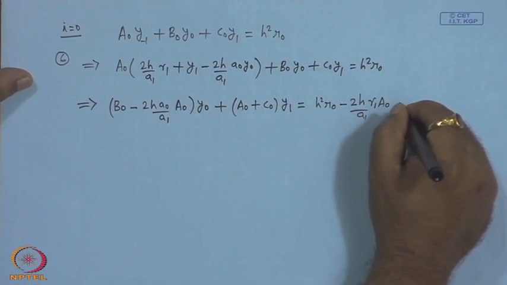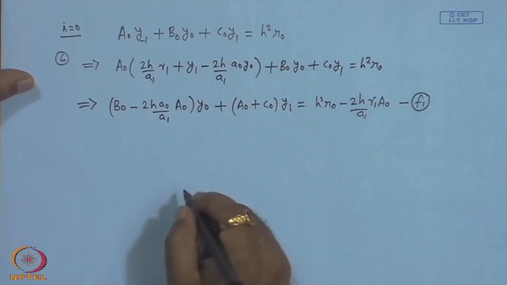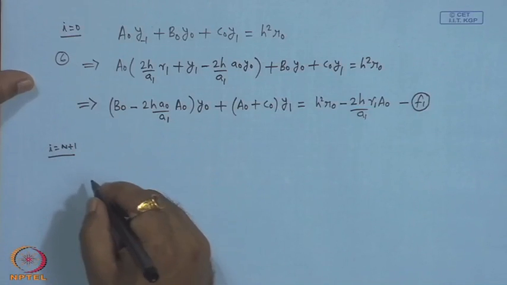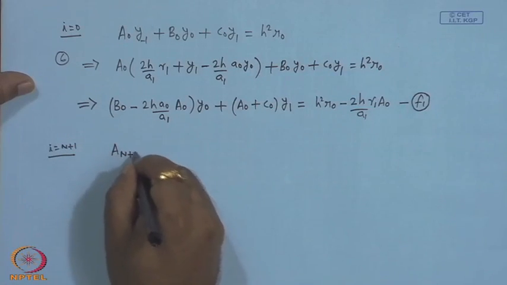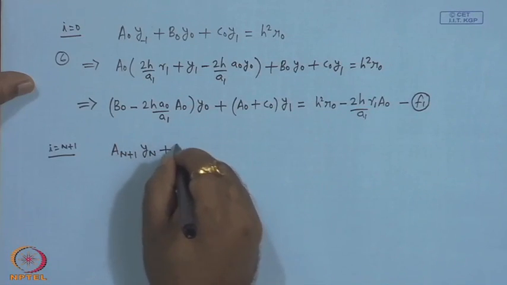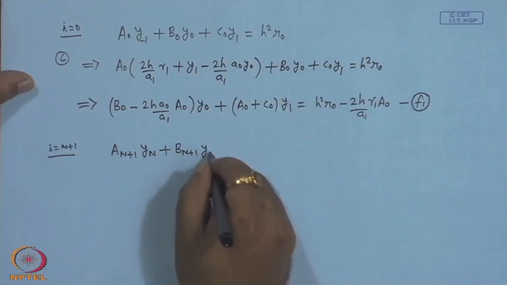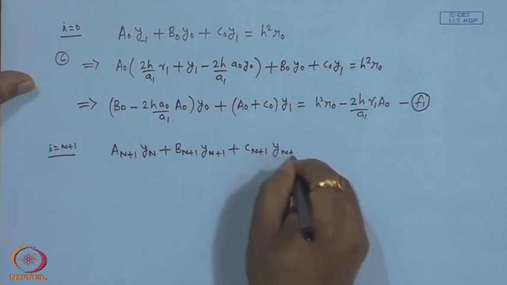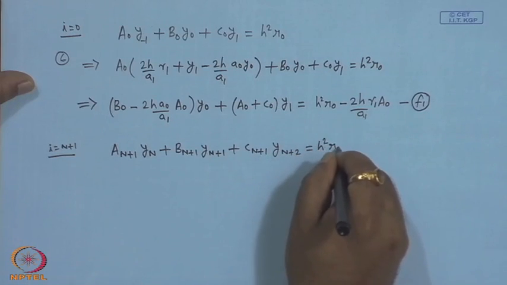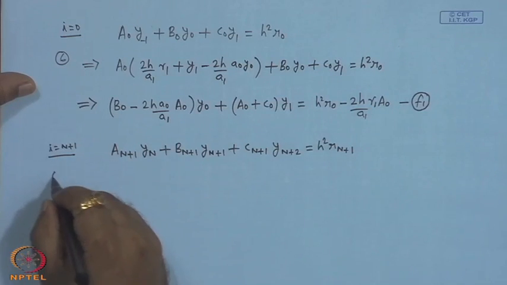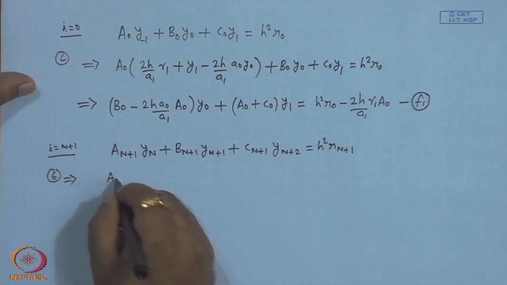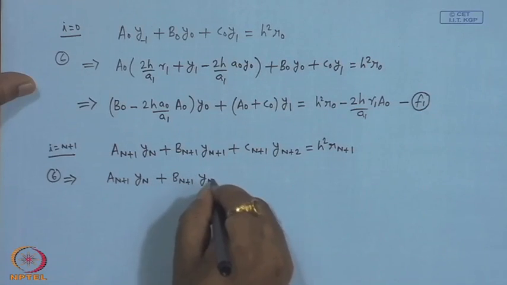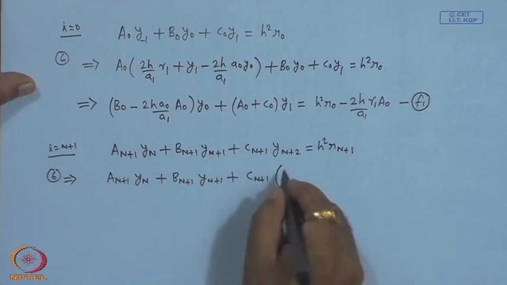For i equals n plus 1, again we have 6 from that, and y n plus 2 we had.